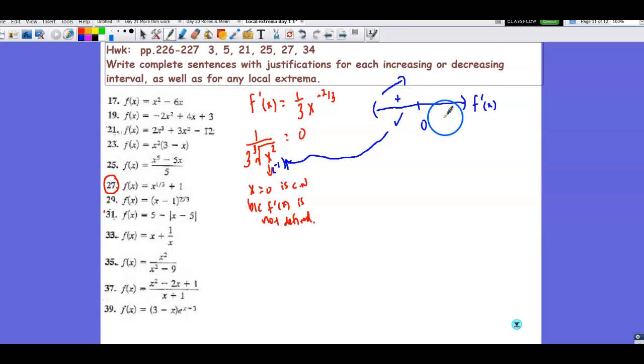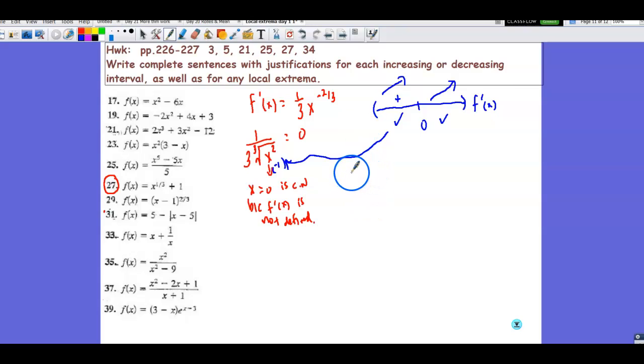And for the second region, I'm going to choose a +1, which will yield the same result. So I can see that the graph of the original function would be increasing everywhere. And because the original function is increasing everywhere, there are no relative extrema.